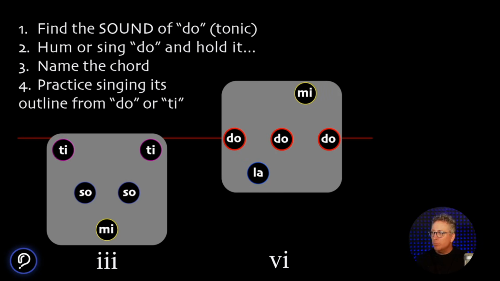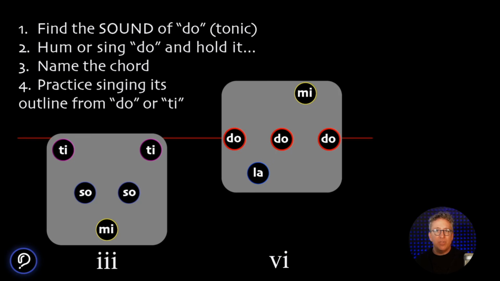Here's the way this works. You're going to find do, so we're going to do the same thing. You're going to find the sound of do, hum it, hold it, and then here's the chord. I hear that it's do. I hear that it contains do.